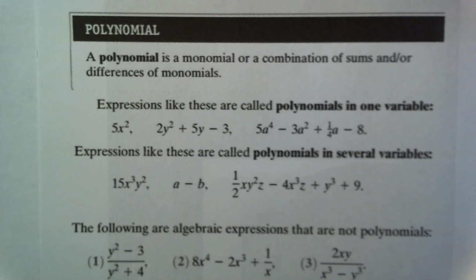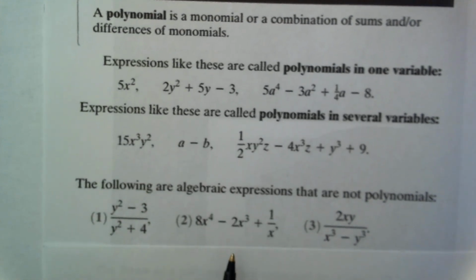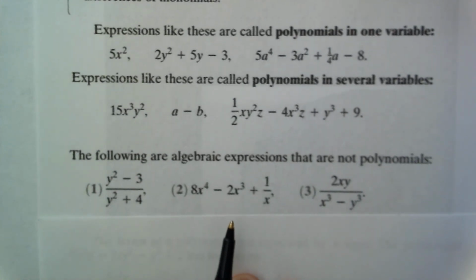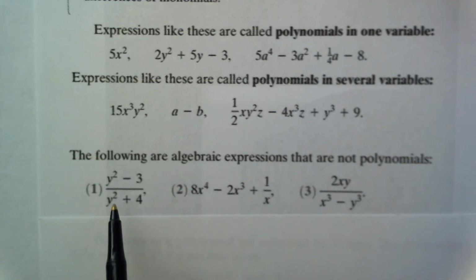And then here are some algebraic expressions that are not polynomials. For instance, the first one here, y squared minus 3 divided by y to the fourth power, that is a ratio, a fraction of 2 polynomials, so that is not a polynomial.